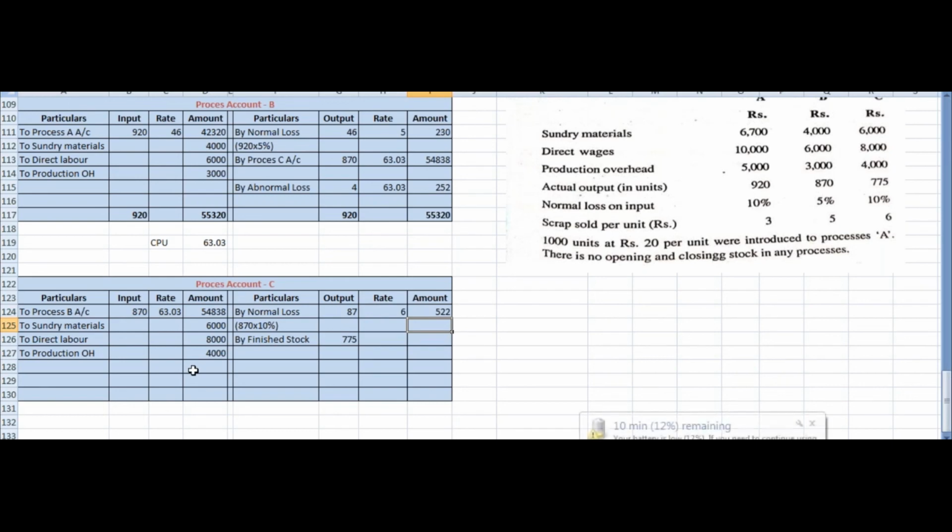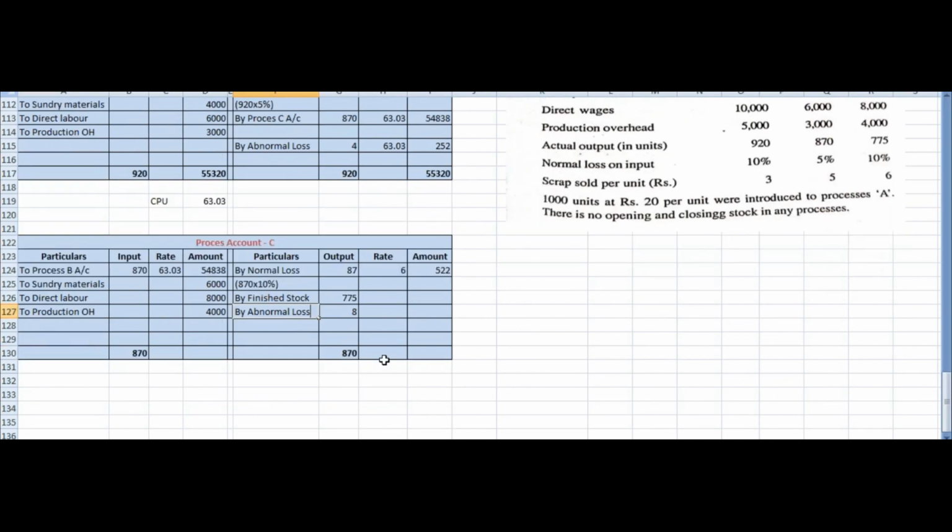Abnormal loss or abnormal gain? Abnormal loss only. Loss, right? Abnormal loss, 8 units. 870 total units here, 8 units abnormal loss.